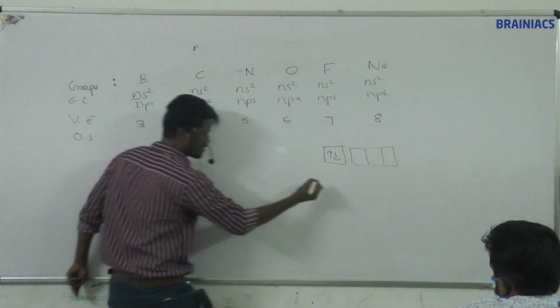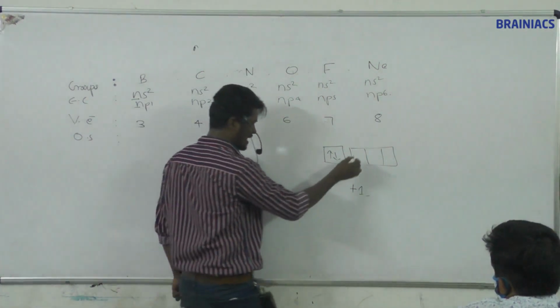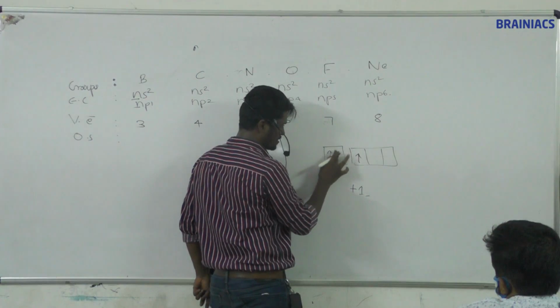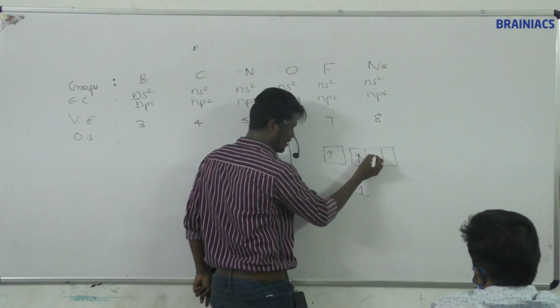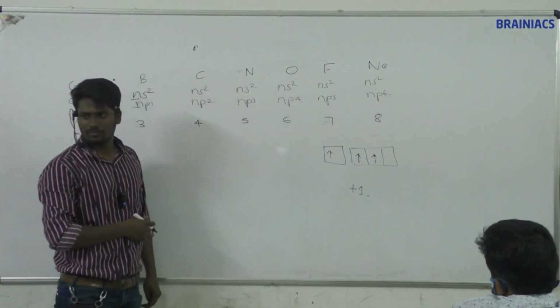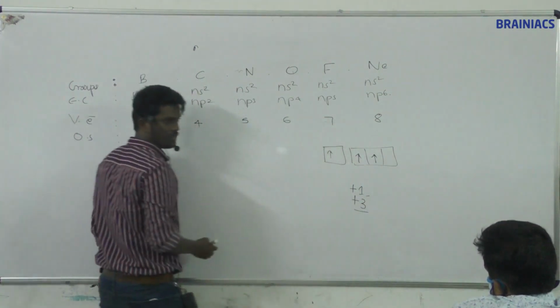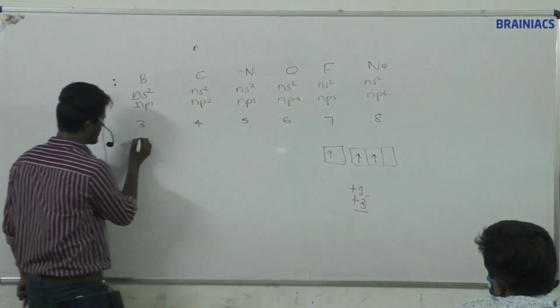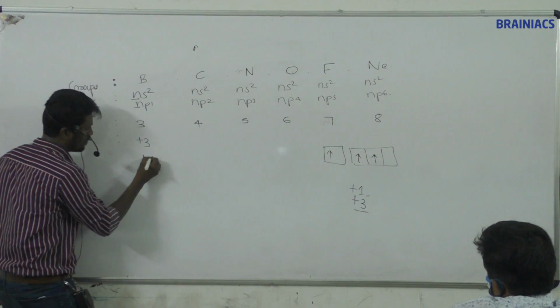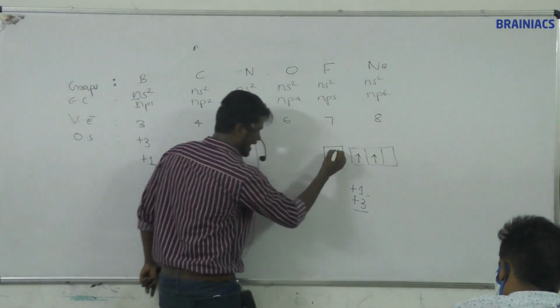So the oxidation state in the ground state is plus 1. In the excited state, this electron is excited, so the total number of unpaired electrons is 3, and the oxidation state will be plus 3. So the common oxidation states of the boron family are plus 3 and plus 1.